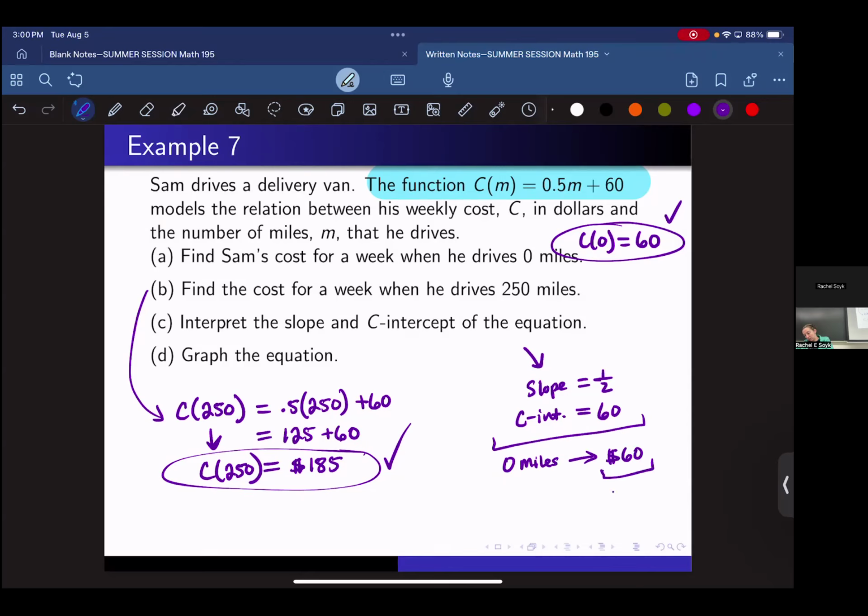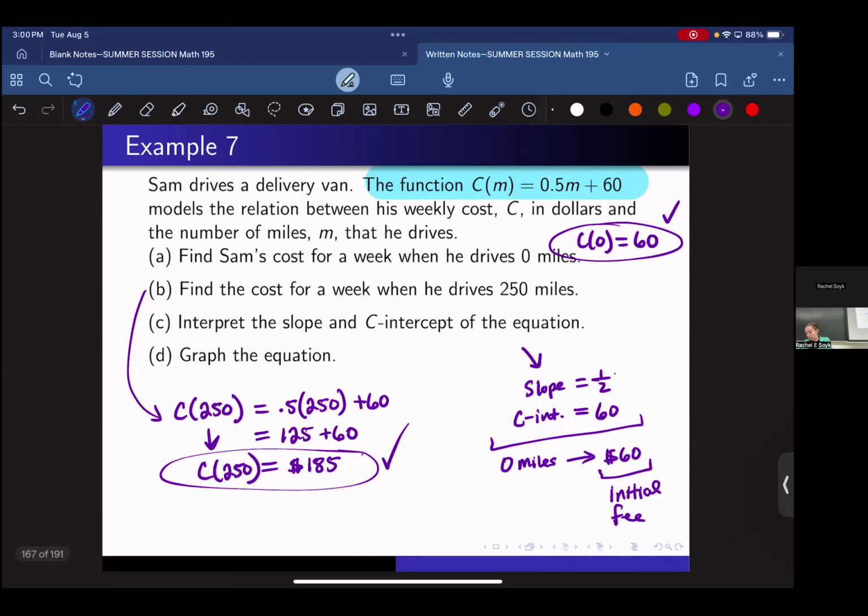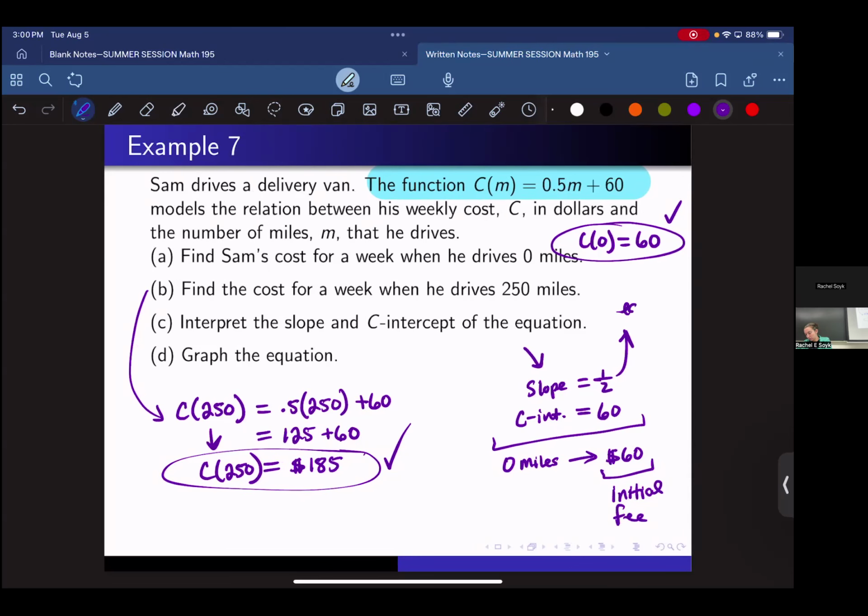That's your initial cost, initial fee. And then for every additional mile, it's going to cost you... Shouldn't say each mile is $2. It's 1/2. So every mile is 50 cents more. Each mile is 50 cents more.